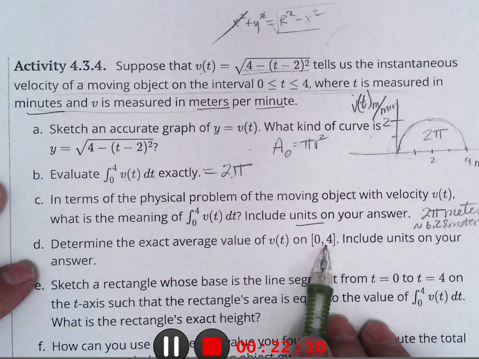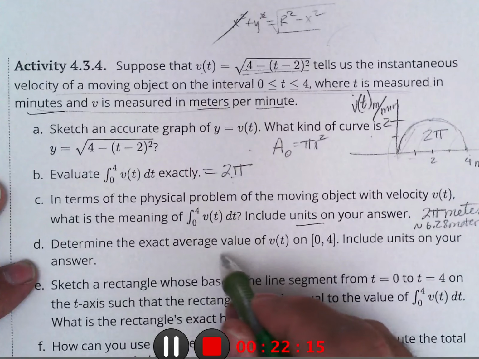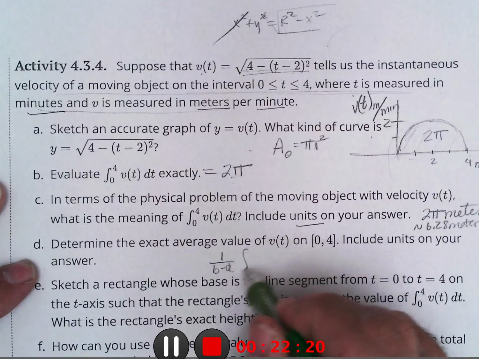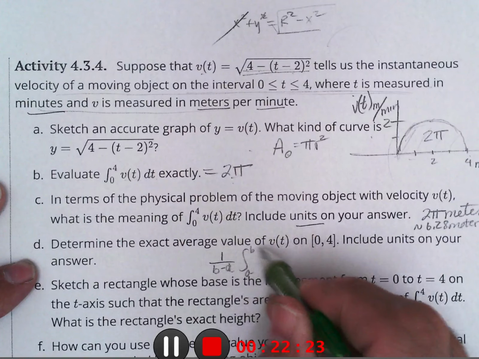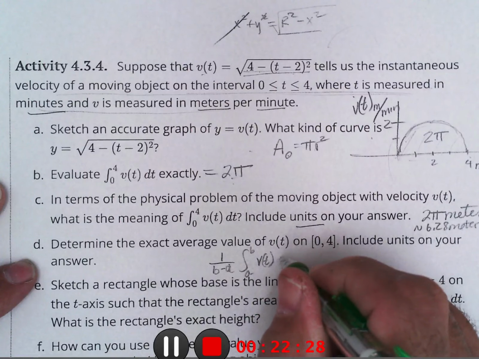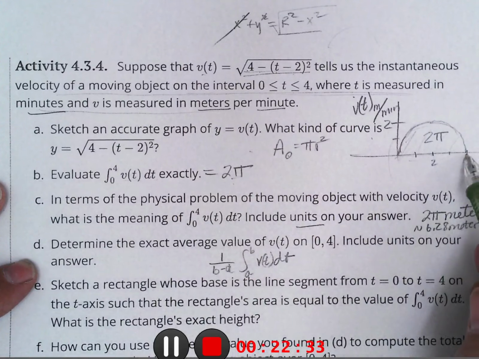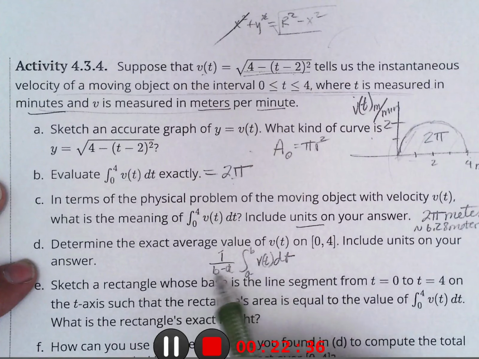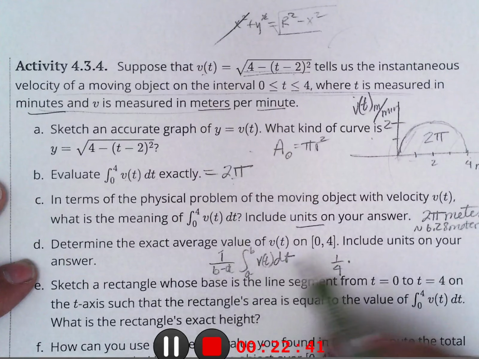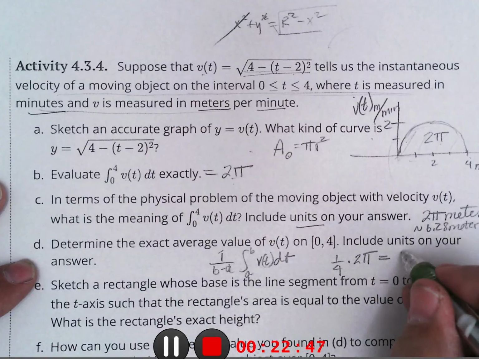Well, if this is the total area, and we learned that 1 over the width of the interval times the total area, and the limits here would be 0 and 4, so 1 over 4 minus 0 is 1 over 4, times the area under this curve, which is 2 pi, which means it's pi over 4.